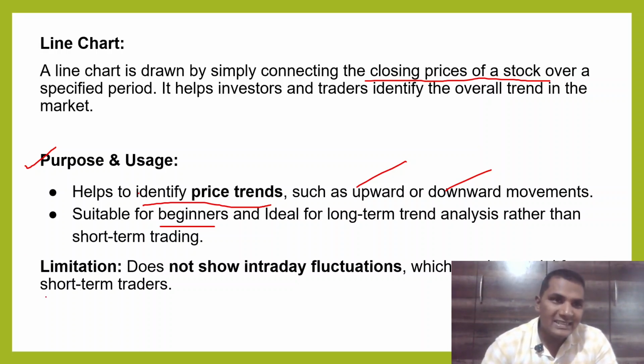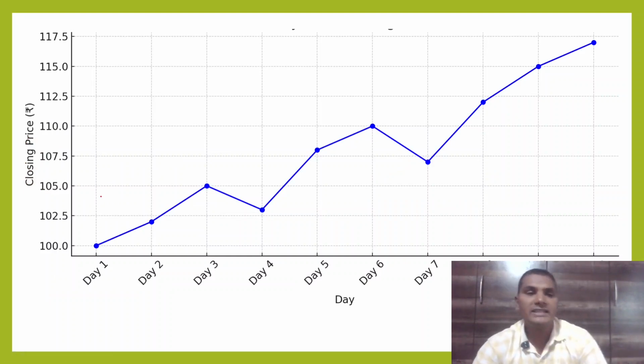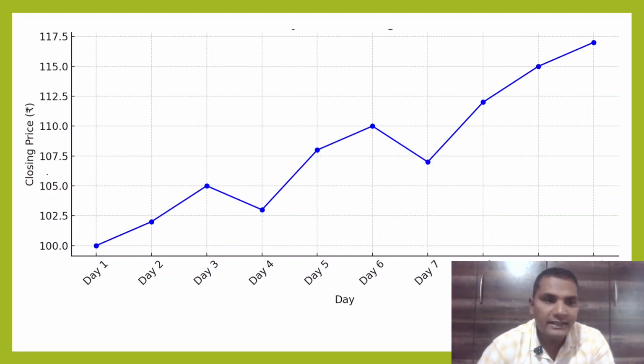In the next slide you can see there are around 10 days. Every day there is price movement and fluctuation. On the first day the price closed at this level, so we make a dot. On the second day there are certain changes in the price of the stock, and ultimately it closes at this level, so we make a dot.